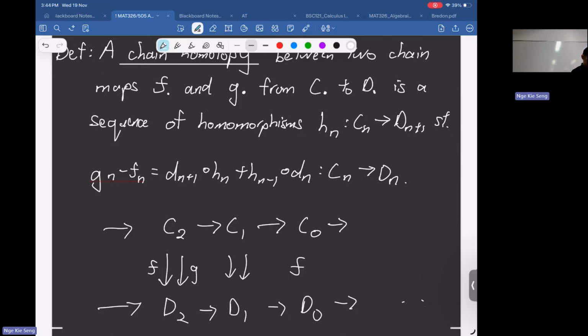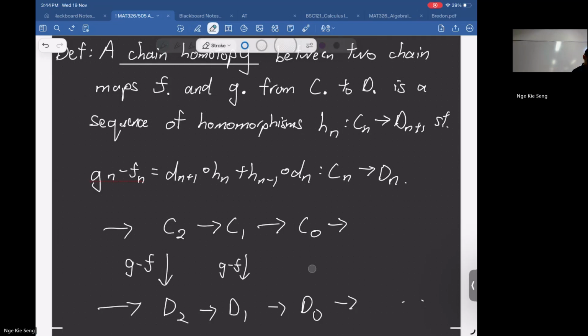And then we look at F minus G or G minus F. In this case, it's G minus F. Then G minus F is equal to the sum of these two maps here.